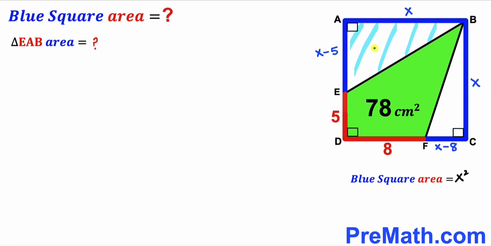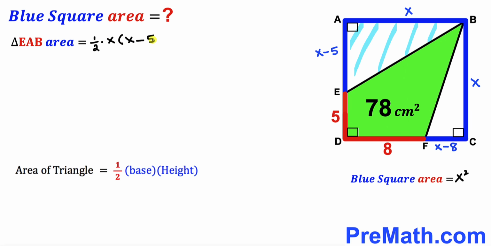Now we focus on this right triangle EAB and calculate its area. Let's recall the area of a triangle formula: area is equal to a half times base times the height of the triangle. In our case, the base of our triangle is x, whereas the height is x minus 5. So the area of triangle EAB is a half times x times x minus 5.